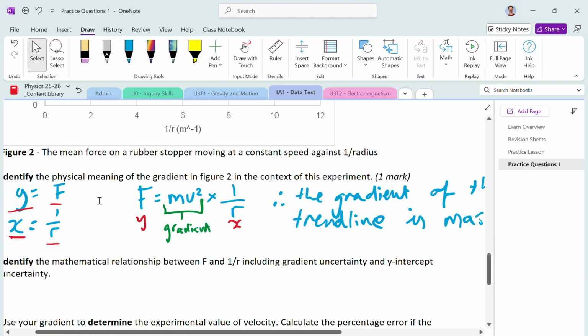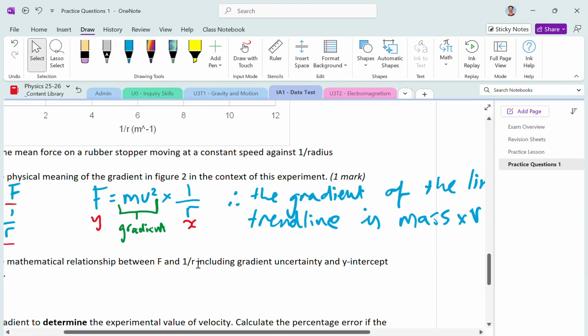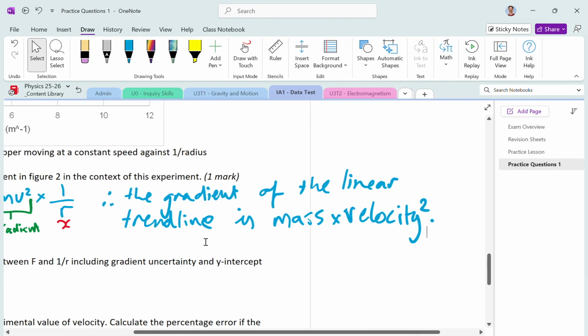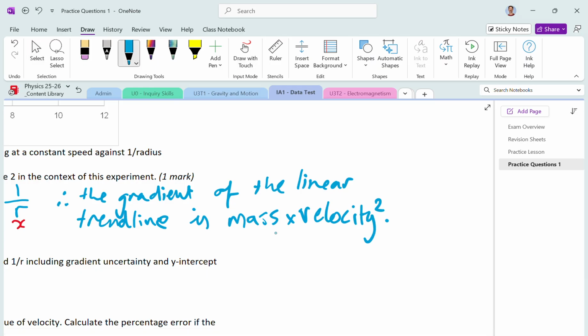That is the physical meaning. The gradient is a value which is the mass multiplied by the velocity squared.